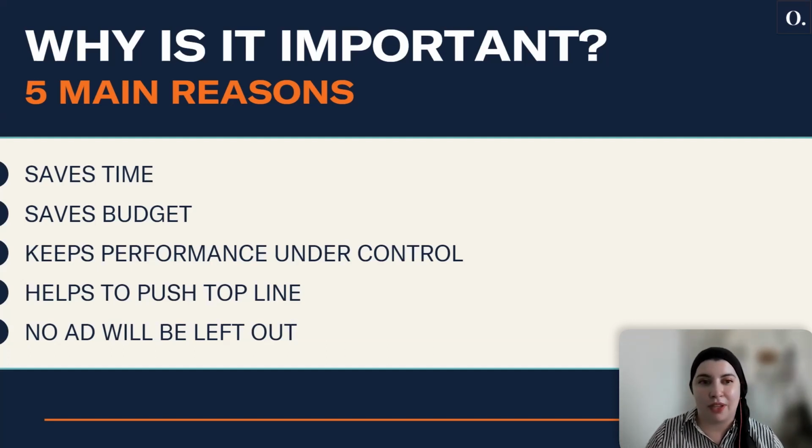And finally, a fifth and very important reason is that no campaign will be left out. So usually when you optimize campaigns and you don't have a lot of time to do that, you look at the campaigns that have higher ACoS and you open those and optimize them.